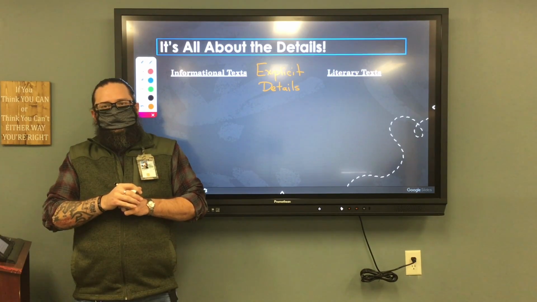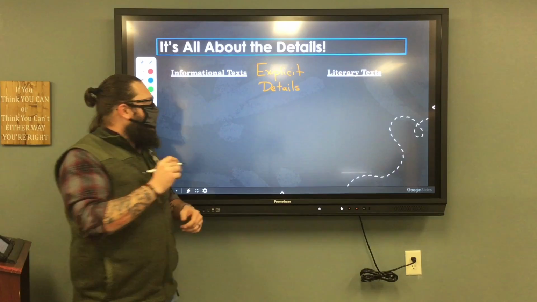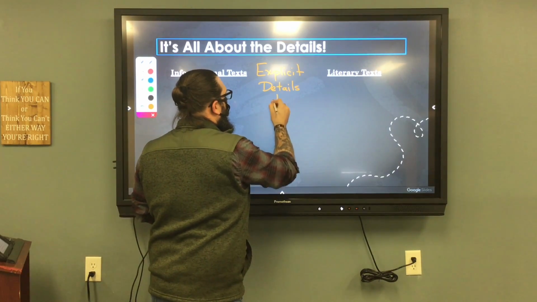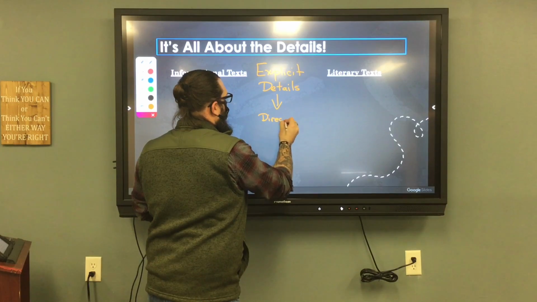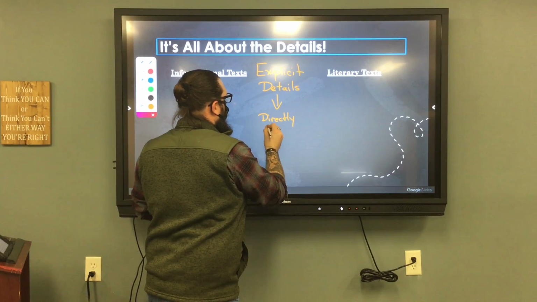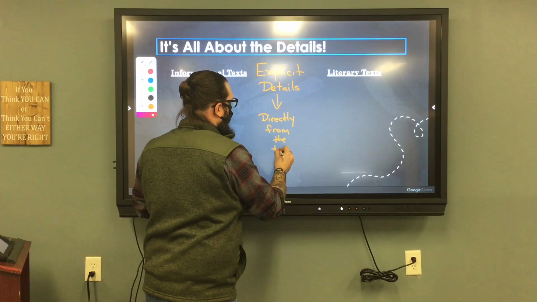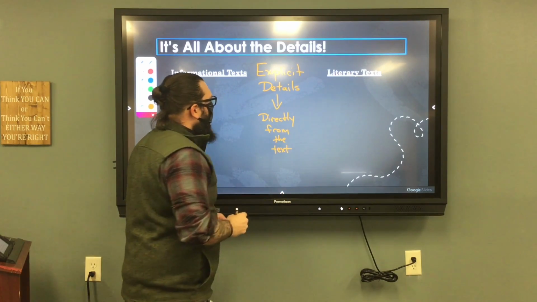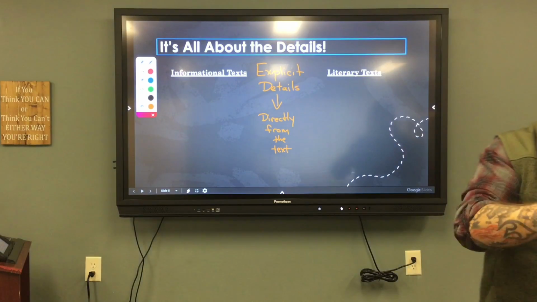It's like details that are right there in the passage. Yes, they are taken directly from the passage. So explicit details are stated right there in the passage.